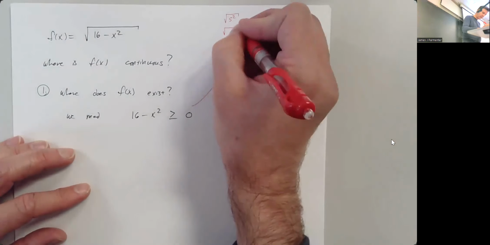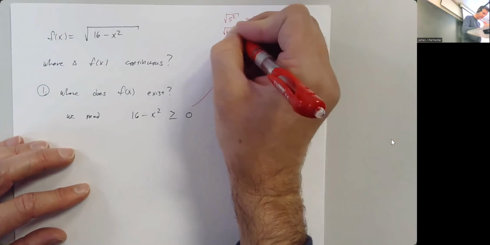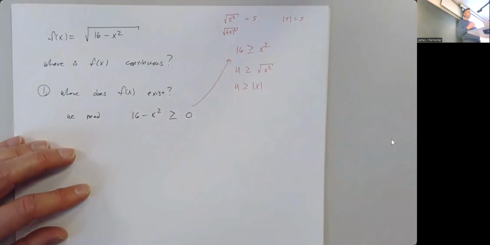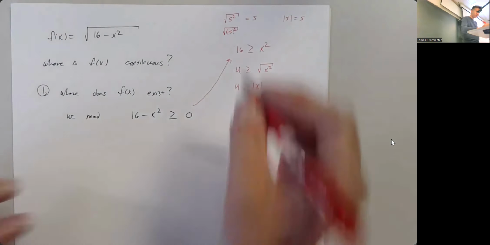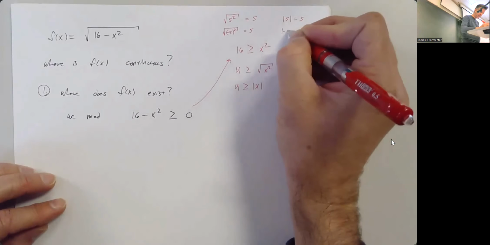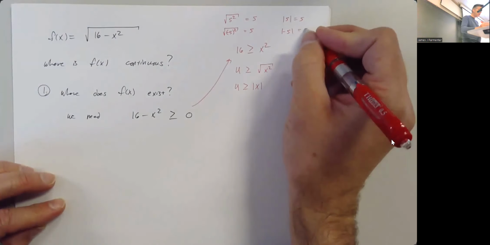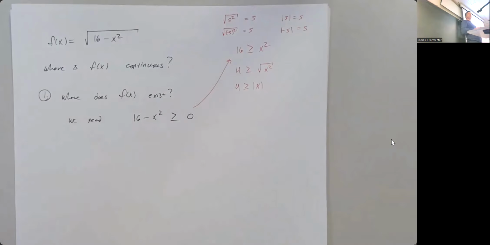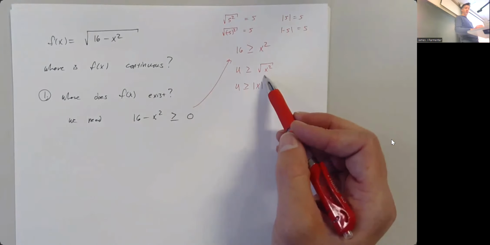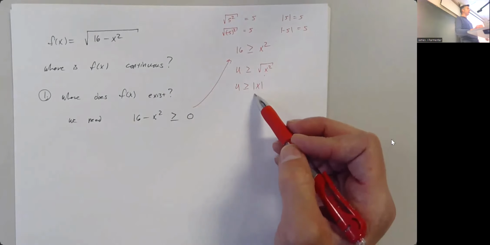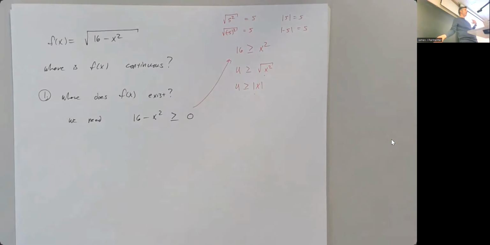What's the square root of -5 squared? What's -5 squared? 25. What's the square root of 25? 5. What's the absolute value of -5? 5. These functions do the same thing. If functions do the same thing and they have the same domain, they are literally the same function. So it is actually true that the function square root of x squared and the function absolute value of x are the same function. They take any input and give the same output.